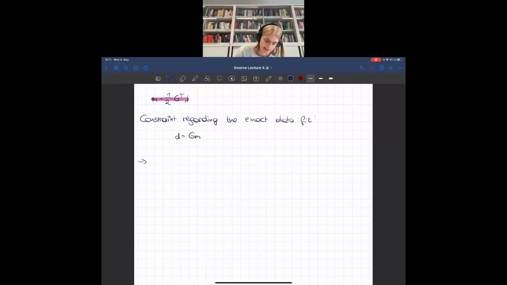So d should be G times m. We plug in m from the thing I've written on top of this slide. So we have 1/2 G G transpose lambda, which would be equal to d, so lambda is 2 times G G transpose inverse d, with a certain exclusion you know already, only if the inverse actually exists.